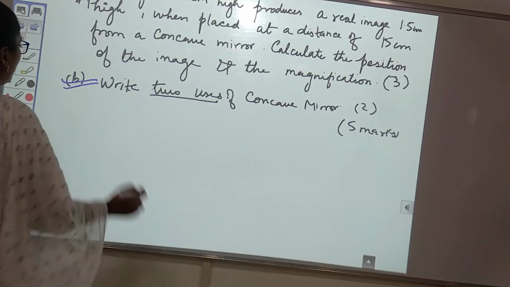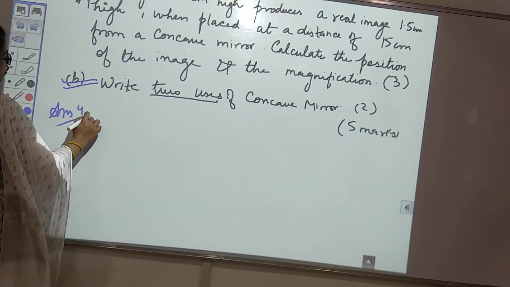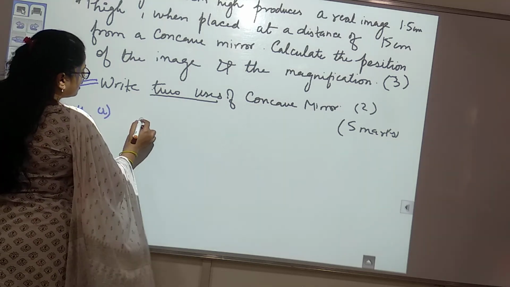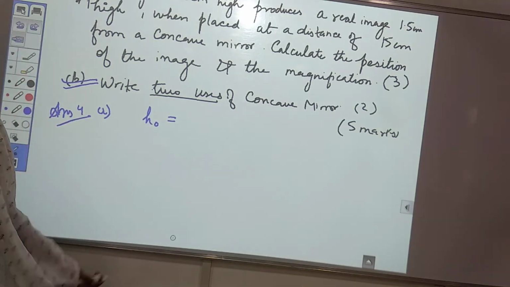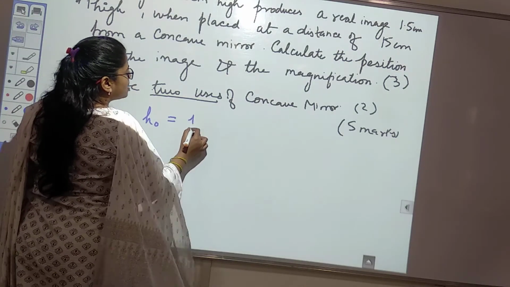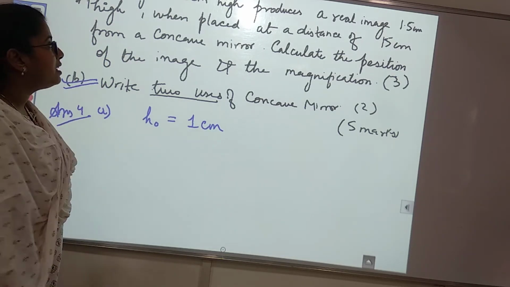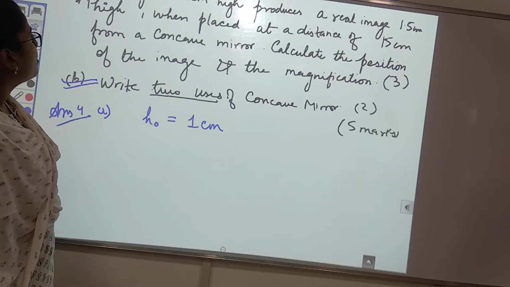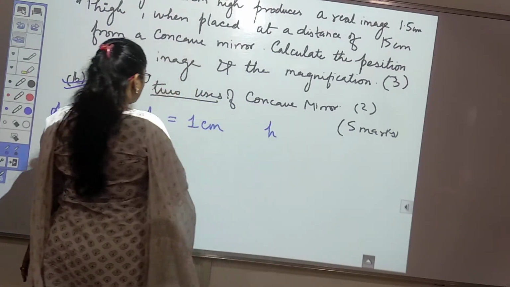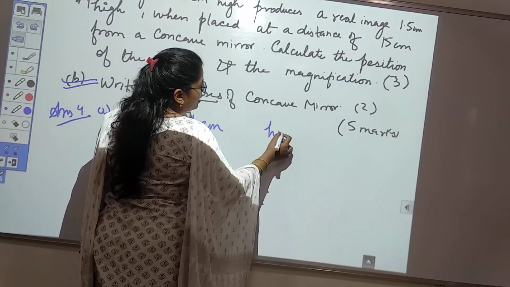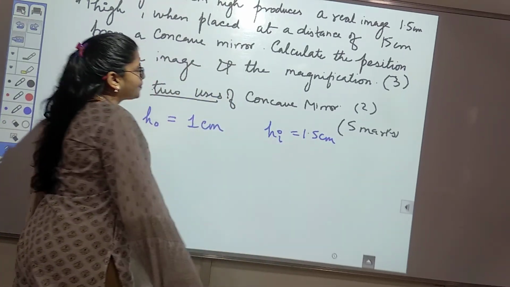So number 1, we will write the solution of question number 4, part A. First is the height of object. An object of 1 centimeter high means the height of the object is 1 centimeter. It produces a real image of 1.5 centimeter high, that means the height of image is 1.5 centimeter.